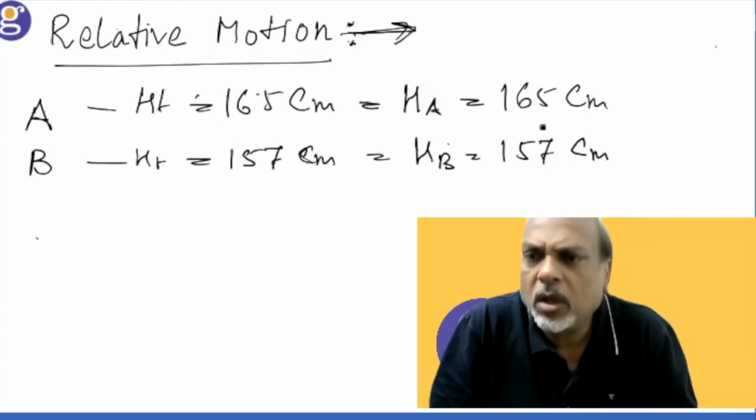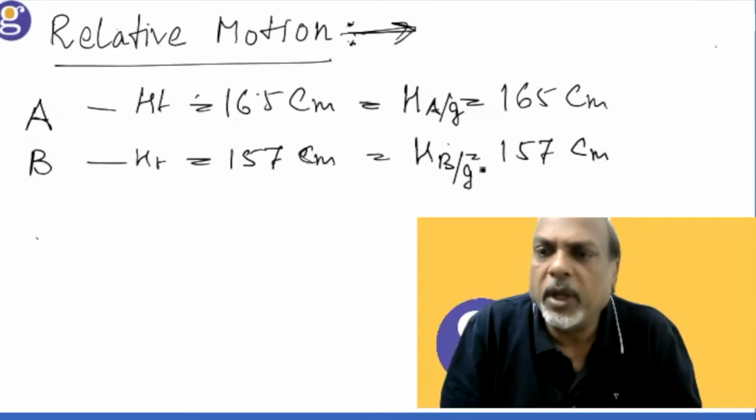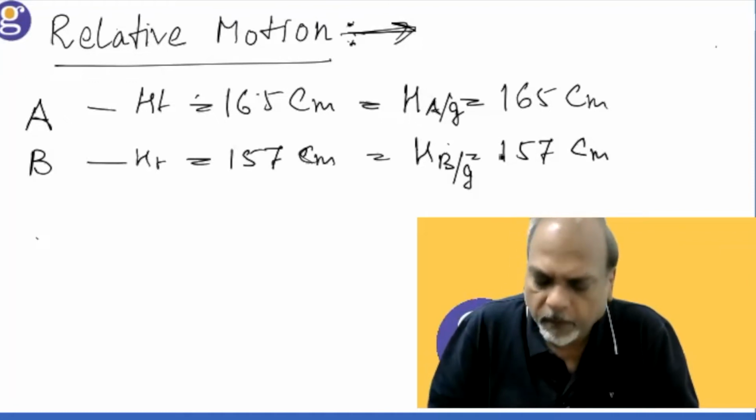And you know, this is with reference to ground. So we can write HA/G. This is giving us the height of A with respect to ground, and height of B with respect to ground is 157.